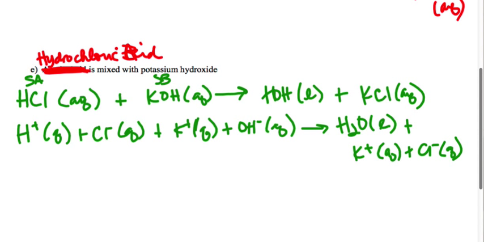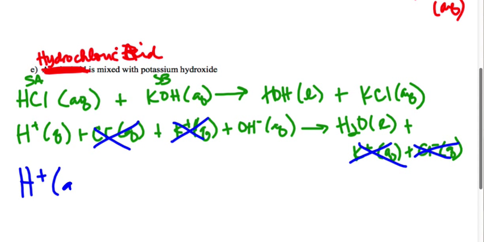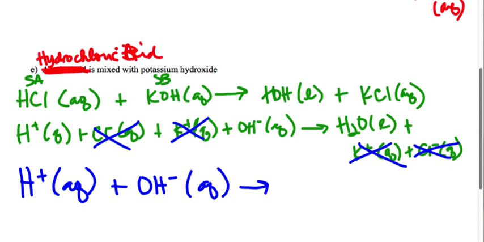So what do we cancel out? Chlorine, potassium, potassium, chlorine. I want you to look at this. This is why we call acid-base reactions neutralization reactions.